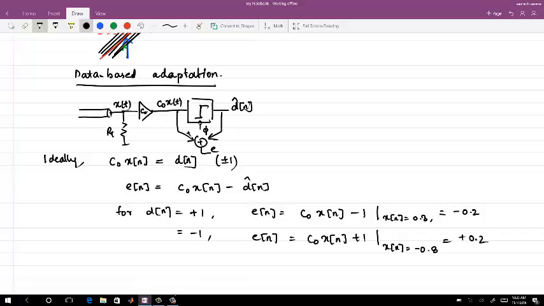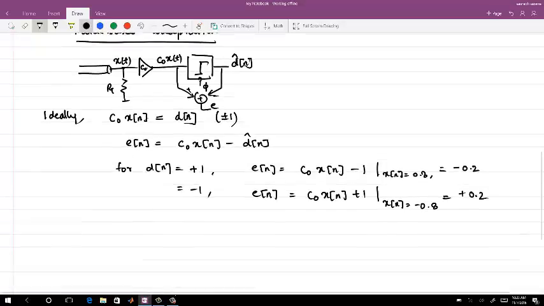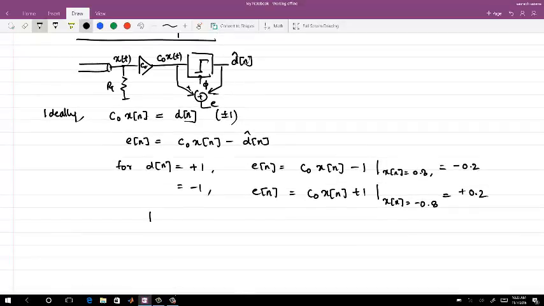Yeah, looking at the value of x of n will help you to say whether you are on the positive or the negative side. That is one way. I can also look at the magnitude of the error, which takes the sign into account. For both the positive and the negative bits, the equalizer coefficient will give you the same error, and if you look at the magnitude of the error, you can correct for the coefficient.